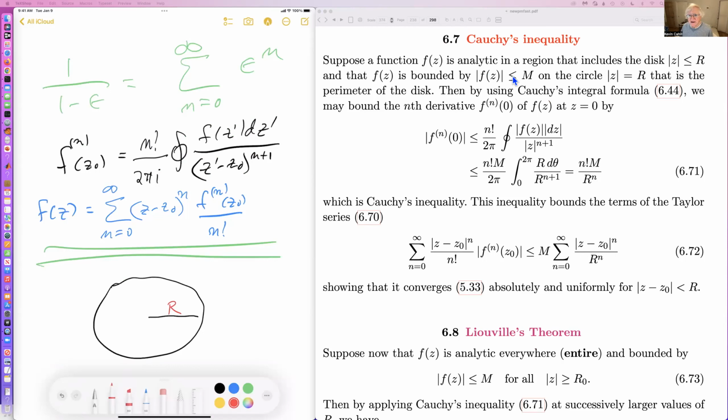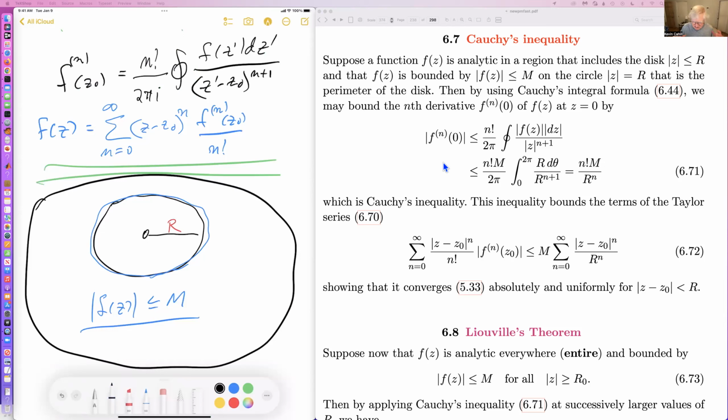And so what we can say is that we can use Cauchy's integral formula to compute the derivative at the center. Here I've taken the center to be 0. So the nth derivative at the center of the circle, which I'm taking to be the center of the complex plane for simplicity, is the integral of f of z dz over the perimeter.